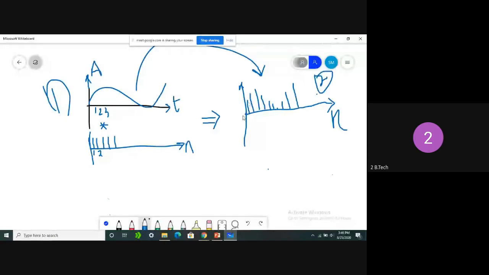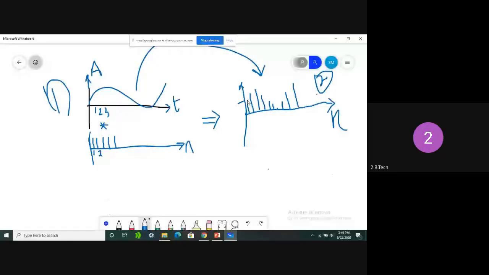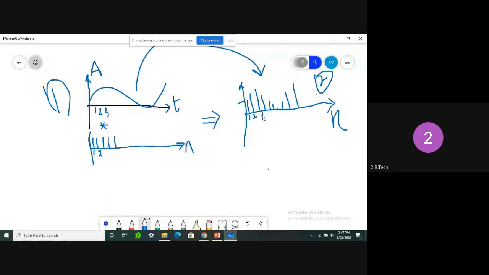This is 0 and the second sample has some voltage. Value increased or not? This is 0, this is the first and this is the second sample. From 0 also we are taking samples, and this is the third sample and this is the fourth sample, like that. Clear, students, are you clear?